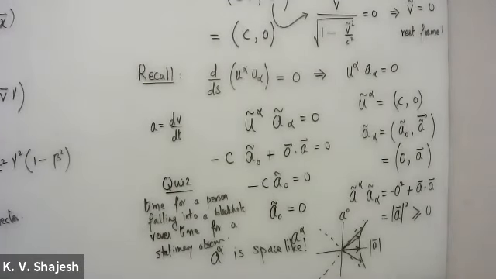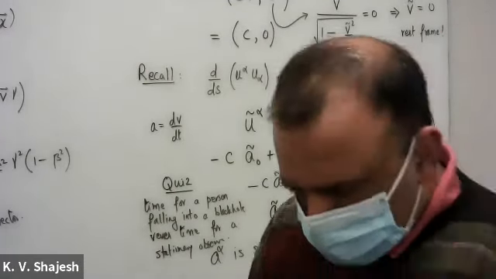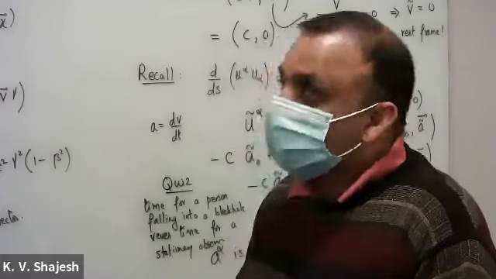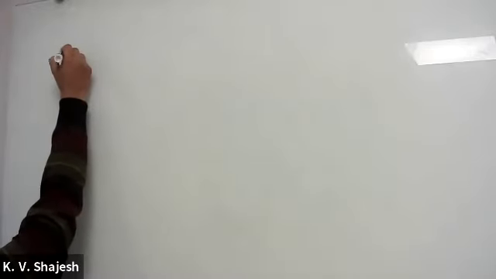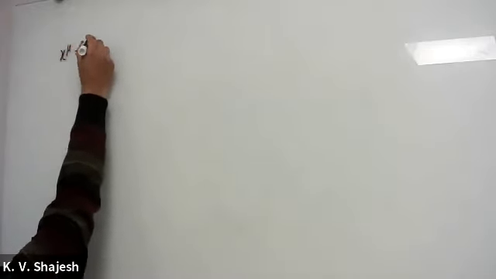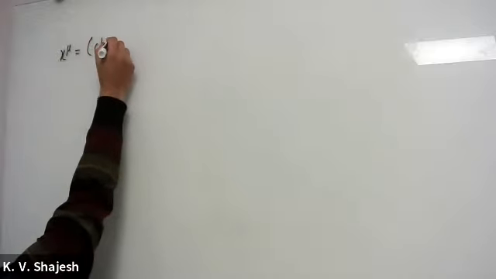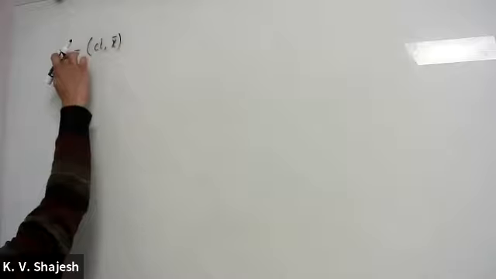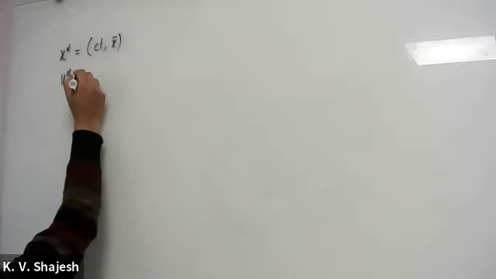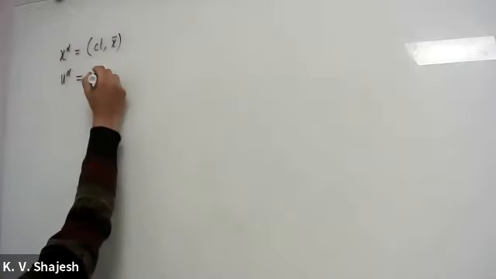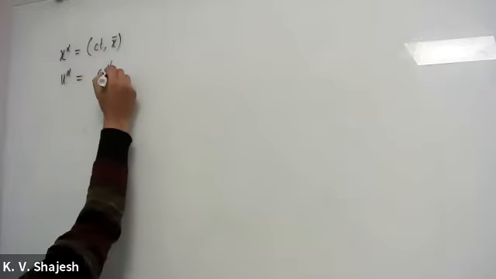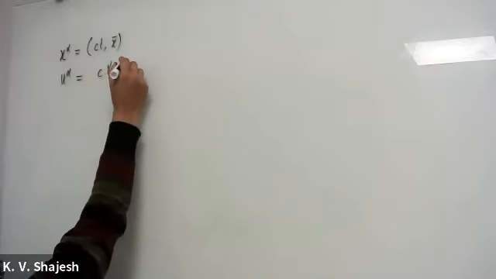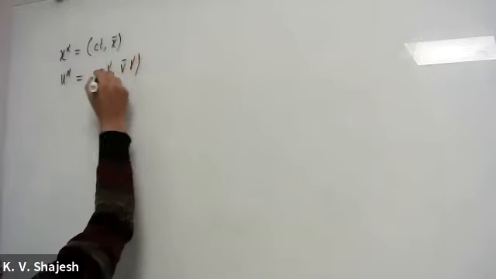Okay, so with that feature, let's proceed ahead. So now what we have is, again, x mu is equal to ct times vector x. Alpha is equal to c gamma and v gamma.